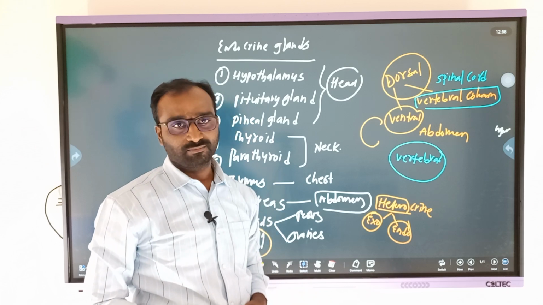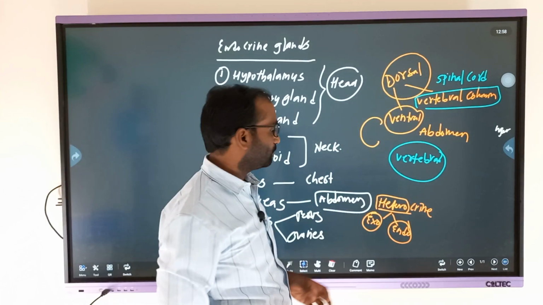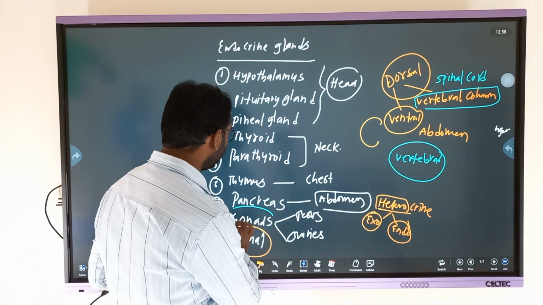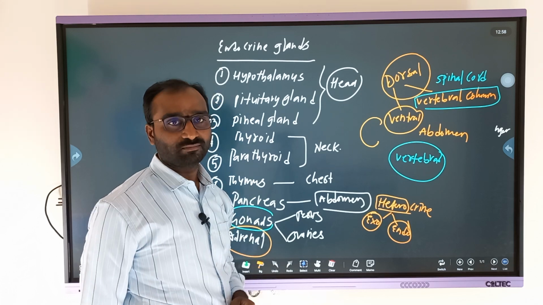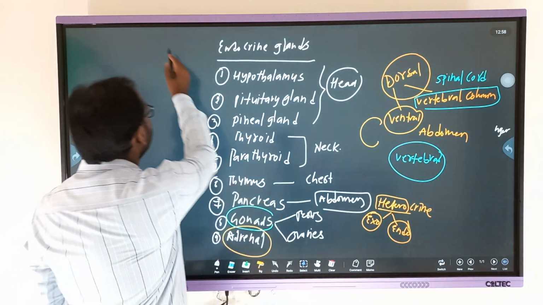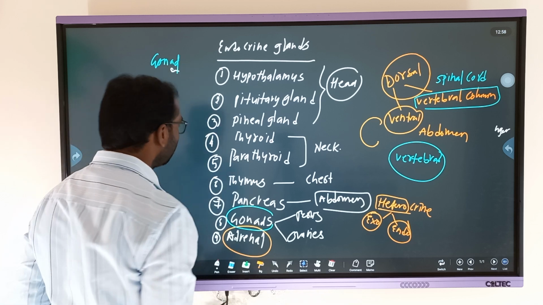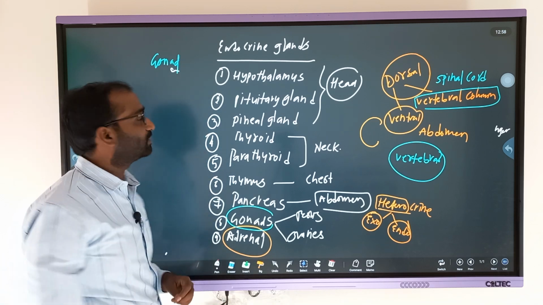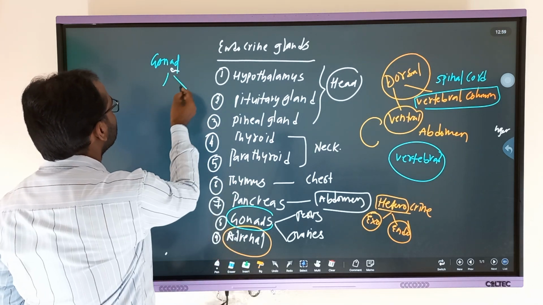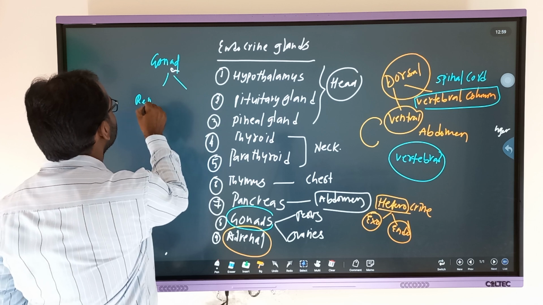Okay. Next, move on to the gonad. What do you mean by gonad? Here also there is confusion between gonad and gamete. What is the difference? Gonad is a reproductive organ.